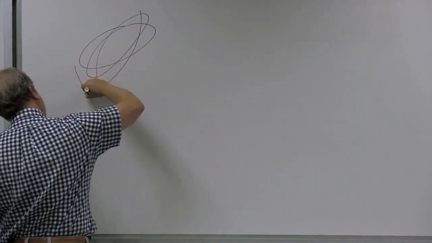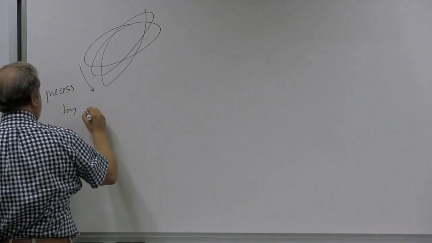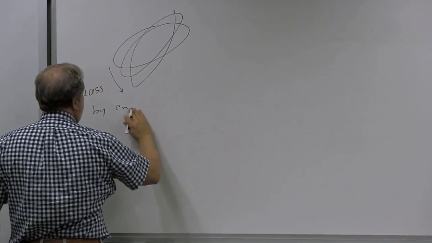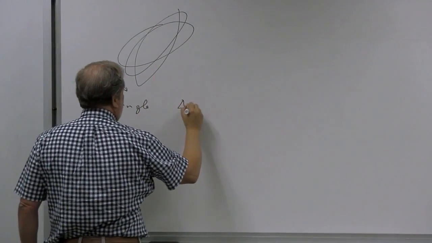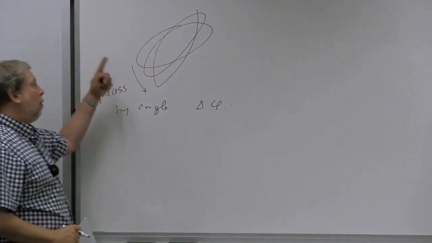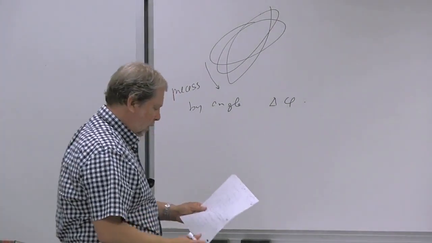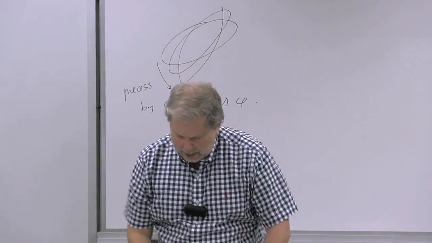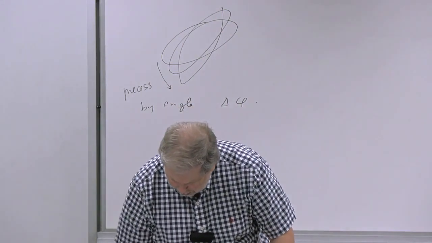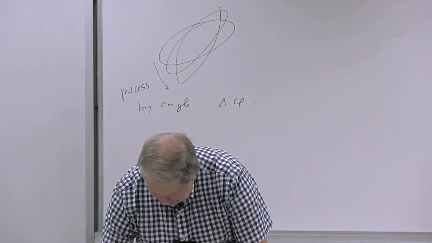And so it's going to precess by an angle which we'll give a name and call delta phi. For every orbit, the major axis of the ellipse is going to rotate, and the amount by which it rotates is the following.